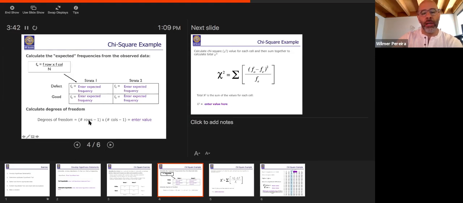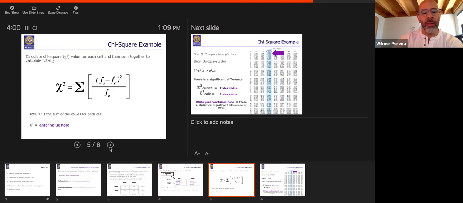And then you are going to calculate the degrees of freedom. Most of you will be doing a 2x2 matrix, which means that the degrees of freedom is going to be equal to 1. But if you have anything other than a 2x2, you need to use the degrees of freedom formula to calculate the value.